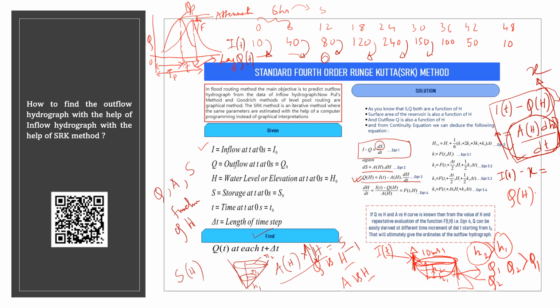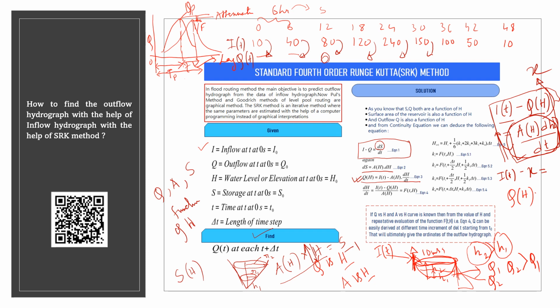Again, if you rearrange, you will find that if you take this earlier version of the equation, I(t) minus Q(H) is equal to A(H) dH/dt.